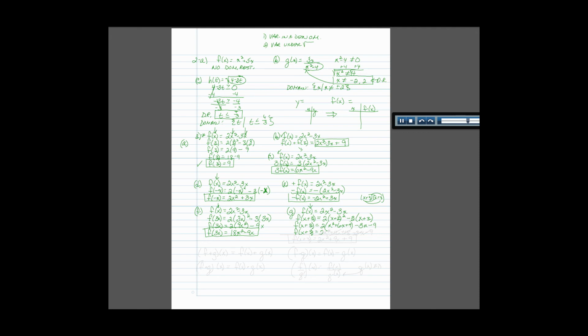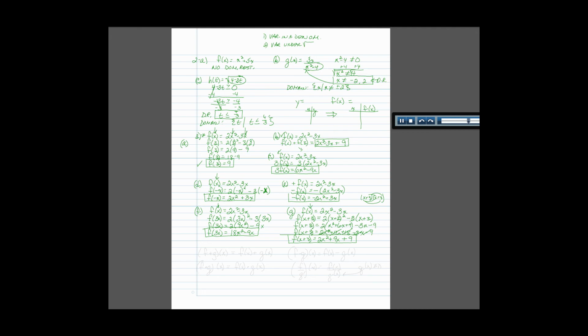Distribute the 2: 2x squared plus 12x plus 18 minus 3x minus 9, or f of x plus 3 is equal to 2x squared, that's that, 12x minus 3x plus 9x, 18 minus 9, plus 9. Just a matter of being organized and very systematic with these.